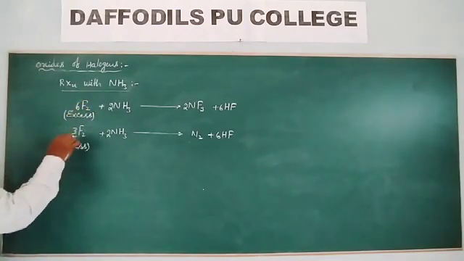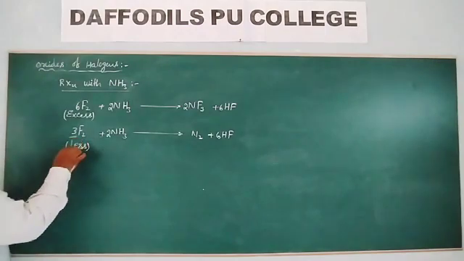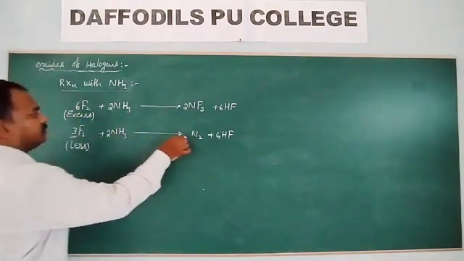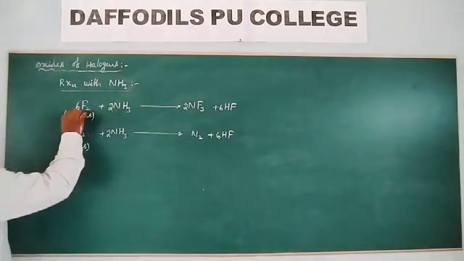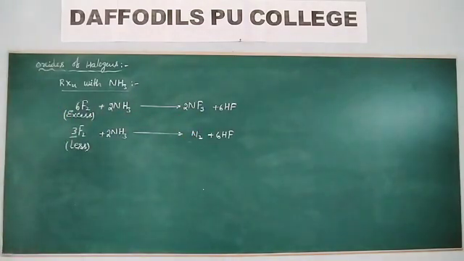Here 6 moles of fluorine is there. Here 3 moles of fluorine is there. With less amounts of fluorine, you will get nitrogen gas. With excess amounts of fluorine, you will get NF3. This is the reaction with fluorine.